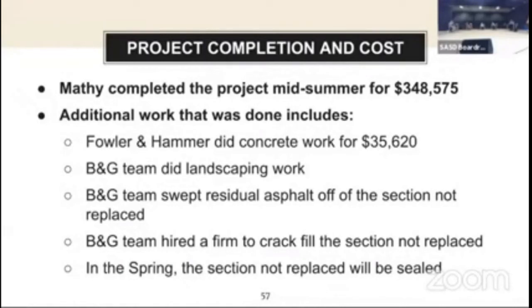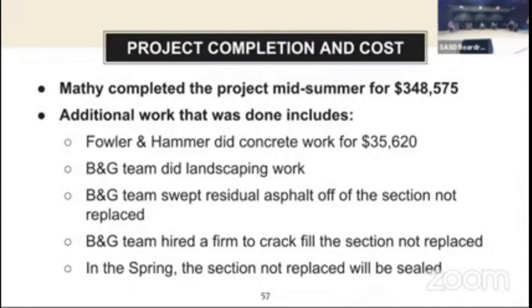Our internal buildings and grounds team did some landscaping work. Our buildings and grounds team swept residual asphalt off of the older section of parking lot. We also hired a firm to crack fill the section that was not replaced, and that has been completed also.